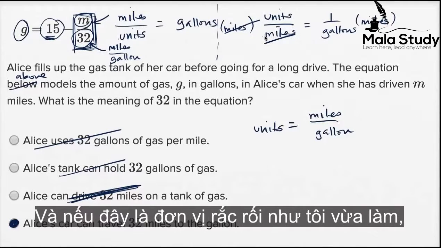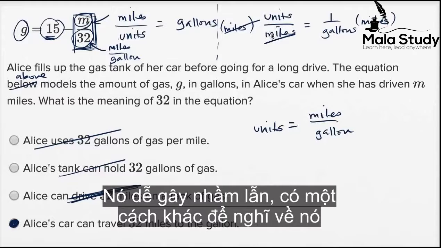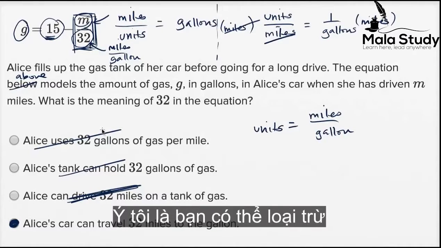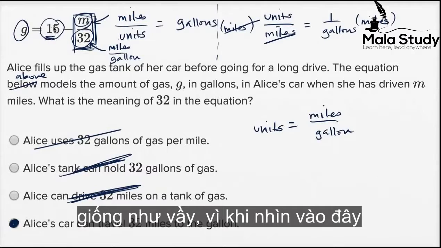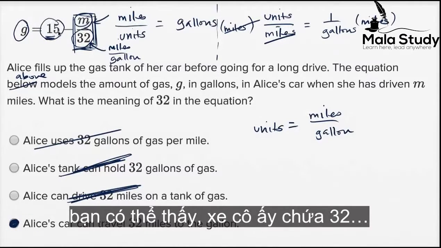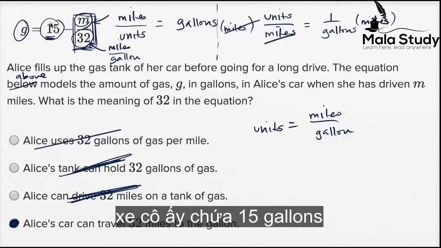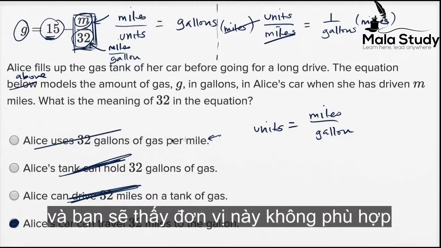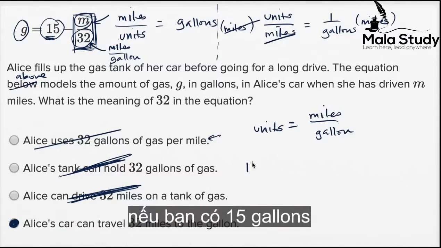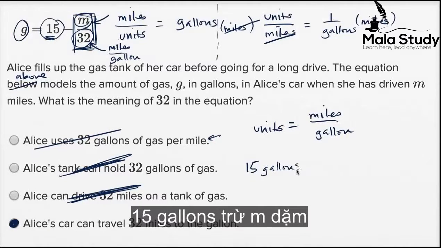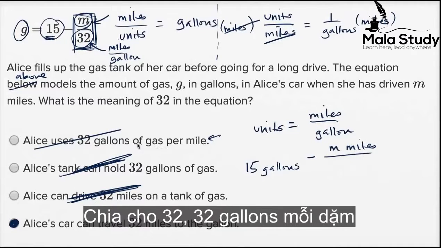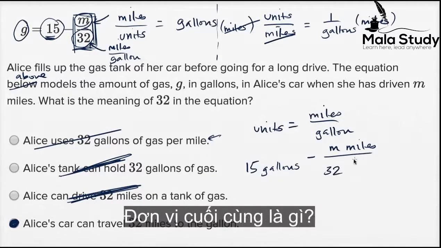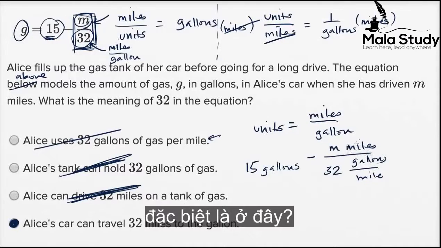And if this unit business that I just did is confusing, one other way to think about it is that you could have ruled out something like this. You could have tried this one, and you would have seen that the units didn't work out. If you have 15 gallons minus m miles divided by 32 gallons per mile, what would the units end up being here?